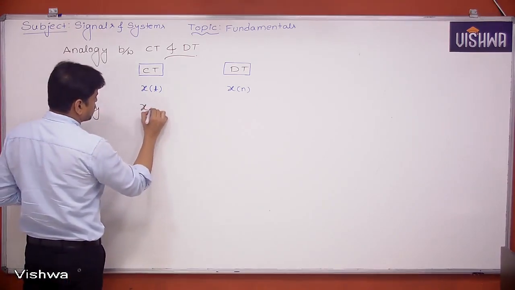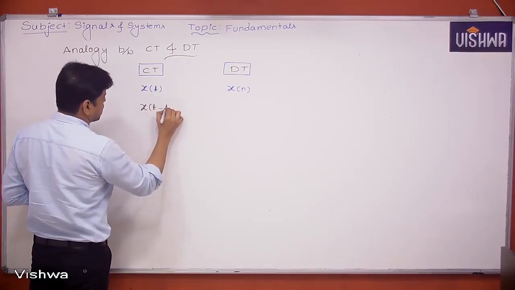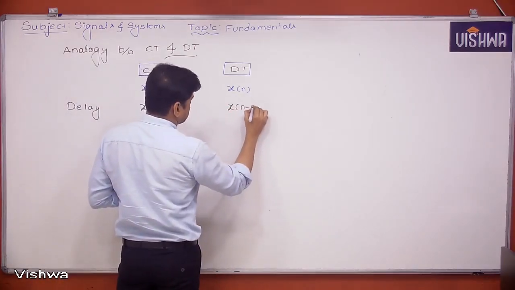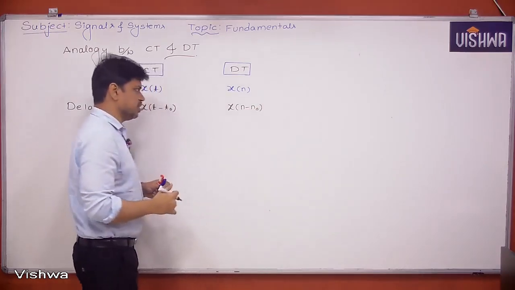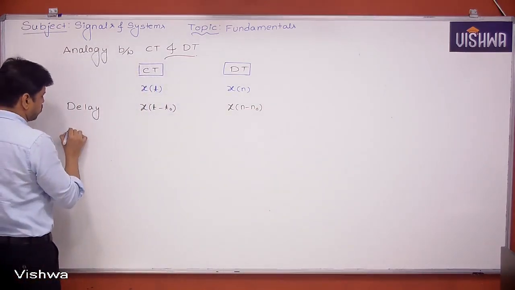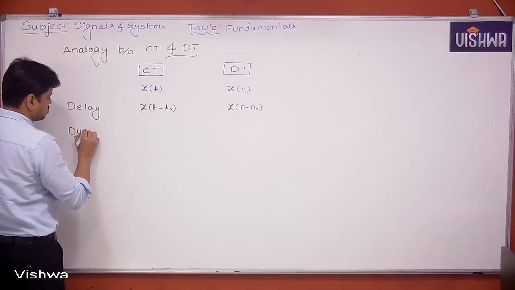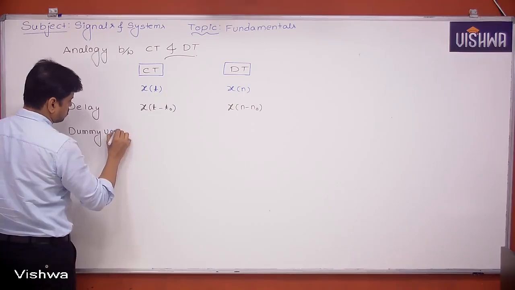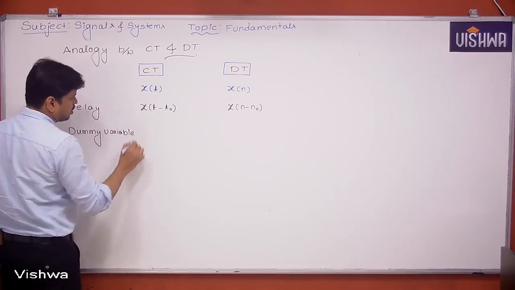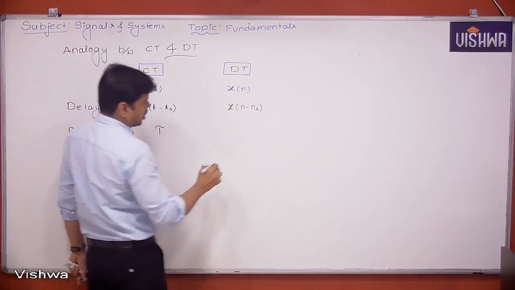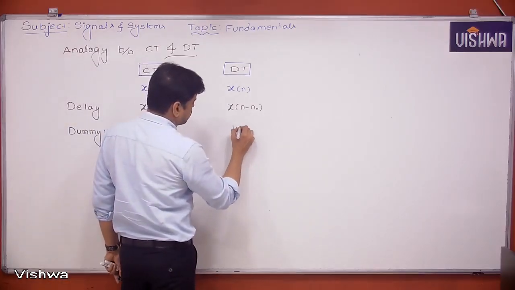Then here we can show it like x of t minus t naught, and here like x of n minus n naught. This is the usual notation of delay. Next, suppose you want a dummy variable, then in the continuous time case we will go with tau, and in the discrete time case we will go with k.